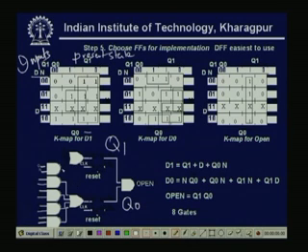So, here there will be this OR gate which has one input q1, second input is d, and it will be q0 n. So, this is q0, this is n.